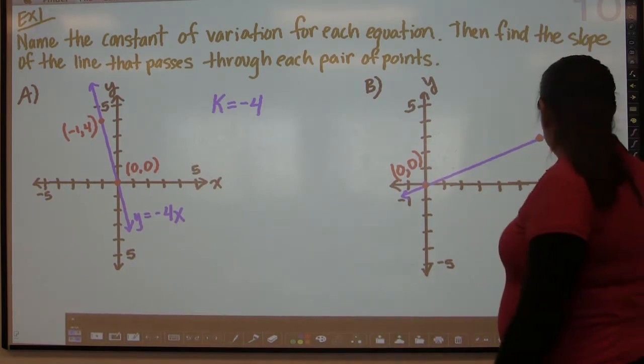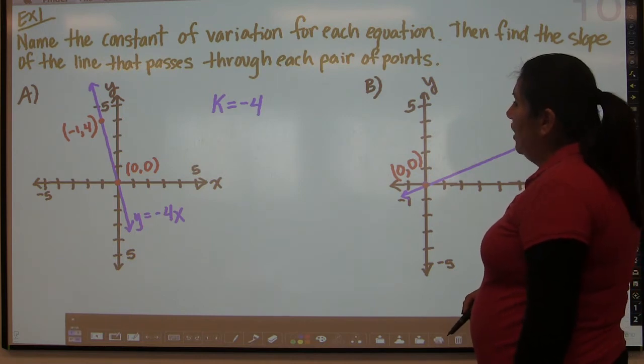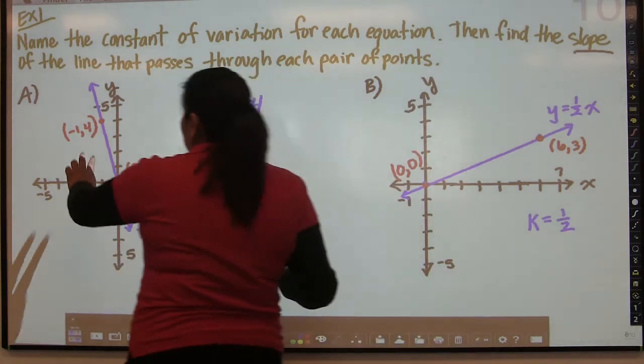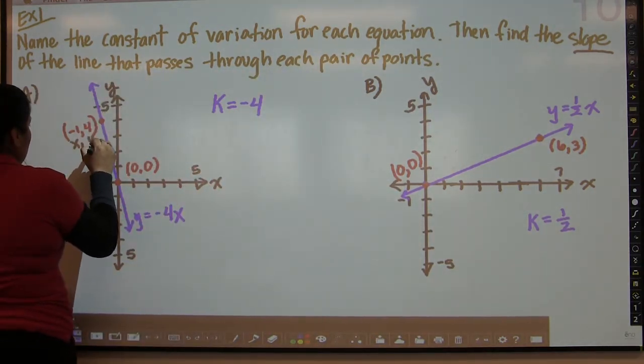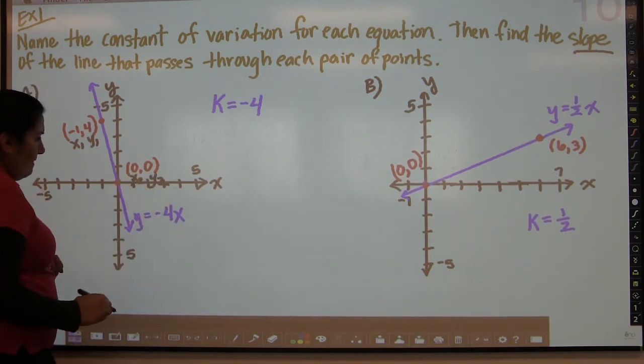Now the second part of what it asks us to do is to find the slope. They've given us 2 points, and we already know what to do. We want to go x1, y1, x2, y2, and then find the slope.